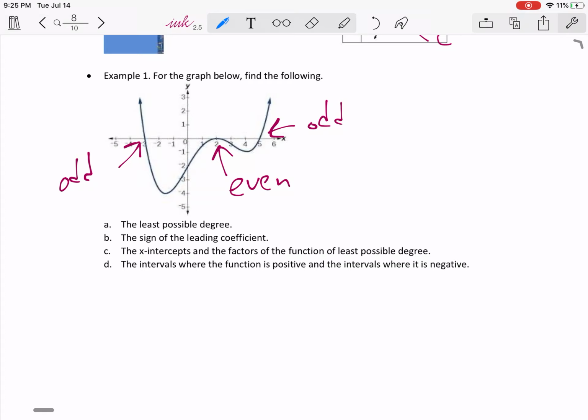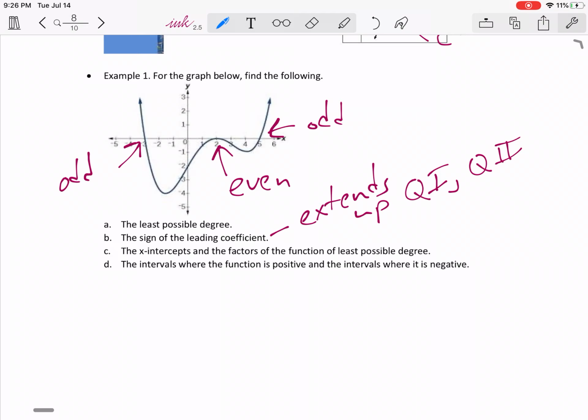Let's look at the sign of the leading coefficient. What we see here is this function extends upward in quadrant 1 and quadrant 2.